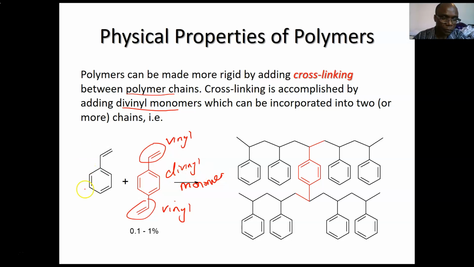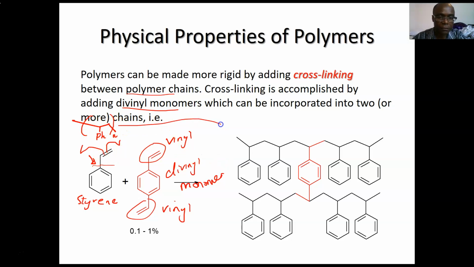So if you use styrene, this guy, to make a polymer, obviously it's gonna undergo a radical process. Allow me to abbreviate the ring as Ph, phenyl. So in this case, this is the structure of the polymer you'll get. This bond means you can continue to the left and to the right, and of course it's gonna be repeated n times.